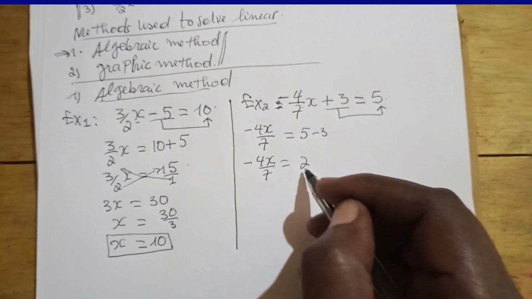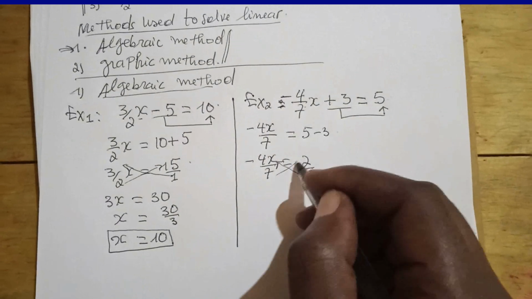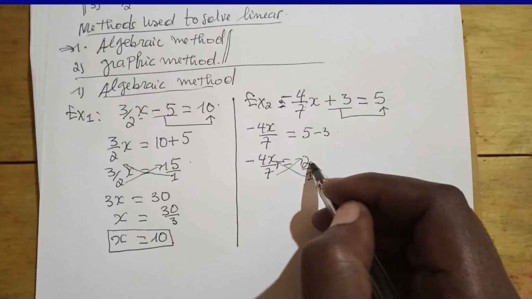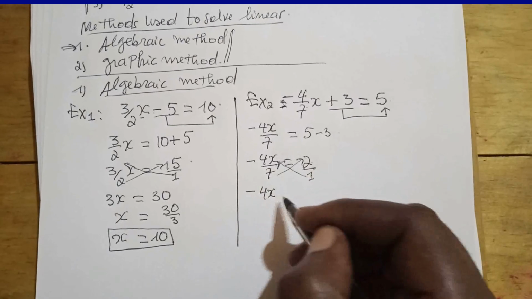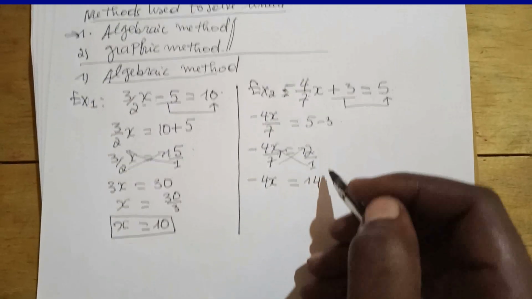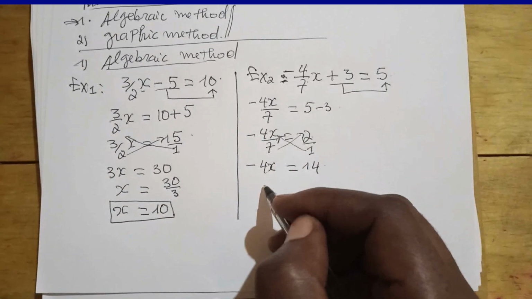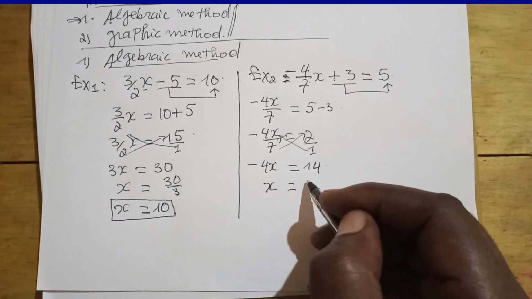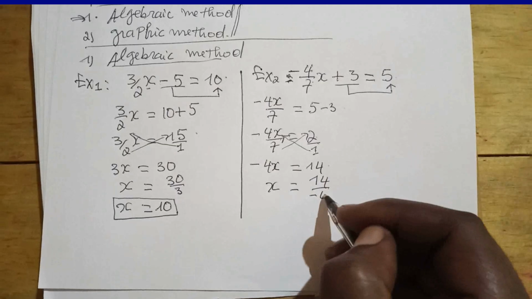To get the value of x here, we are going to make a cross multiplication. This 1 multiplying by 4x, the 7 multiplying by 2. Here we have negative 4x equals 14. Then the value of x is equal to 14 over negative 4.